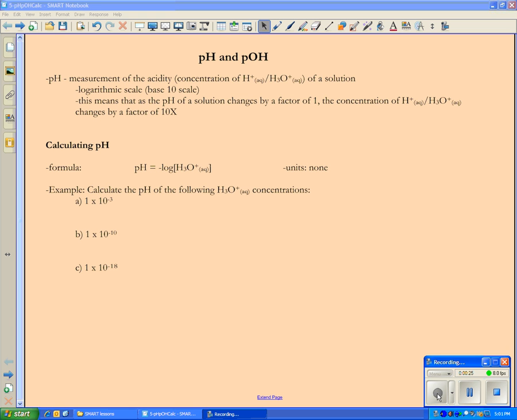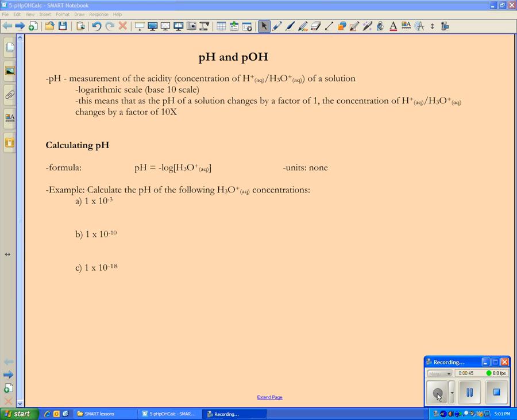Acidity is referring to the concentration of the hydrogen or hydronium ions. pH is a logarithmic scale, or a base 10 scale. This means that as the pH of a solution changes by a factor of 1, the concentration of the hydrogen or hydronium ions is changing by a factor of 10.